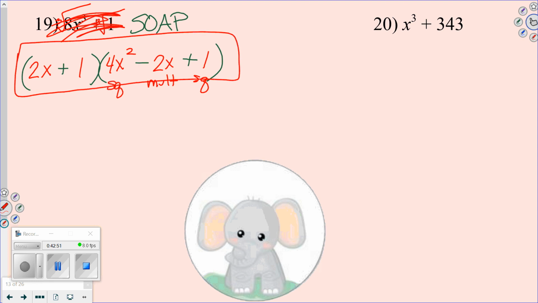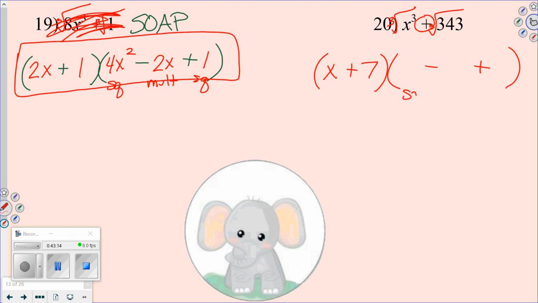I'm done. You guys, number 20. That will not factor further. All right, so setting up parentheses. Same, be a plus. Opposite, always positive. Cube root of x cubed, just x. Cube root of 343.